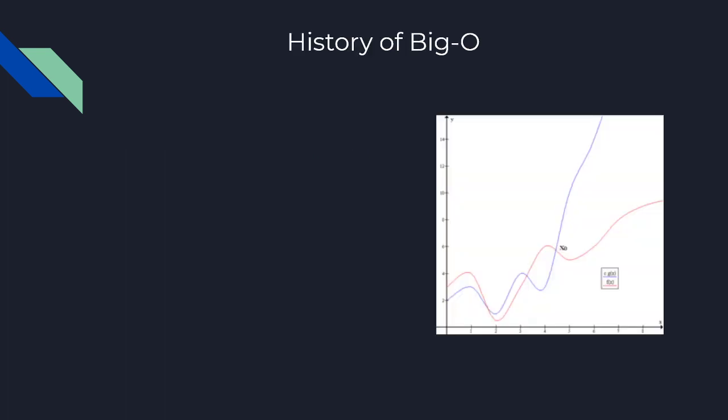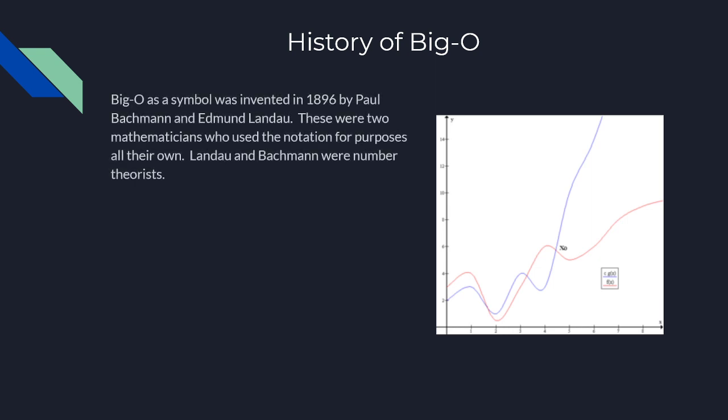So, I don't know why people care about this. Maybe you don't. But I did a little wiki searching and I discovered that Big O was invented by Paul Bachmann and Edmund Landau. Landau and Bachmann were actually number theorists. So, as it turns out, you can blame mathematicians for the existence of this notation.